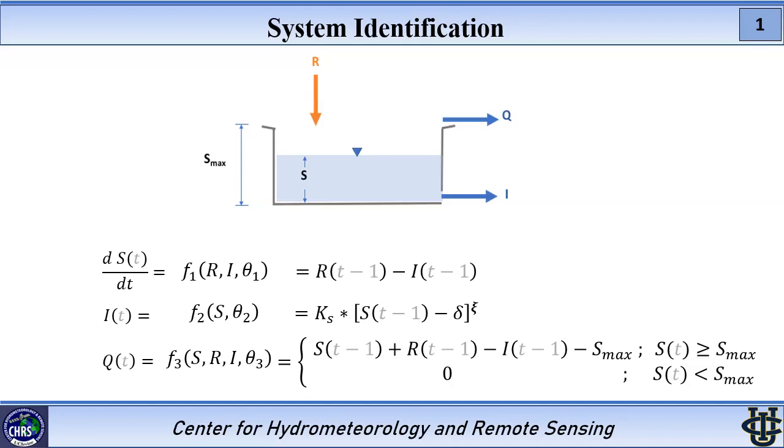And the goal of system identification, or what I mean by system identification, is defining the arguments in each one of these functions. So for equation one, we want to know that R and I are arguments or causal factors of variable S, and so forth.